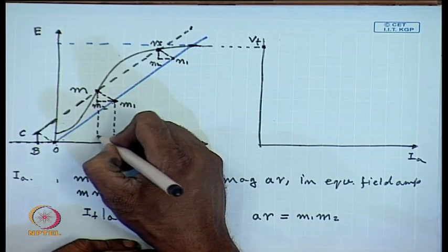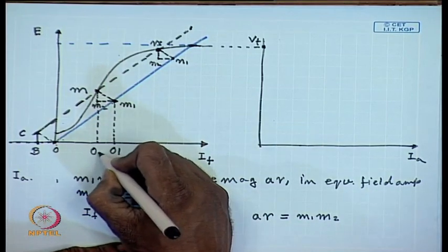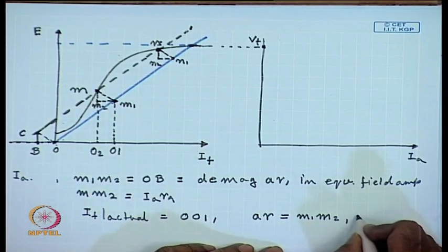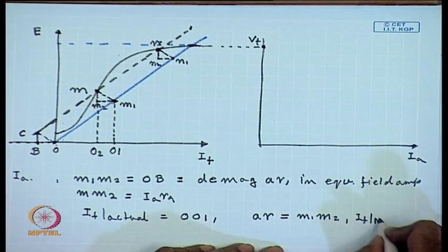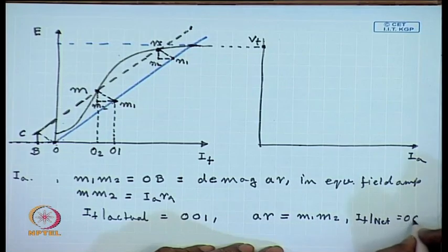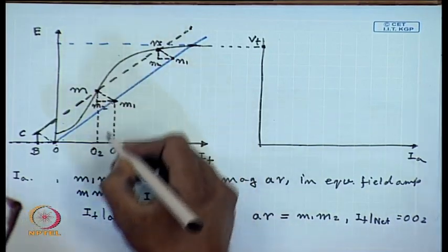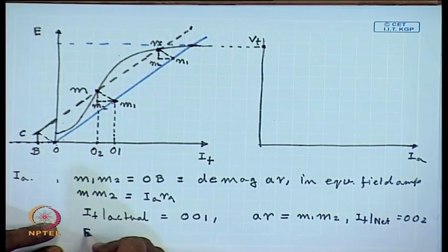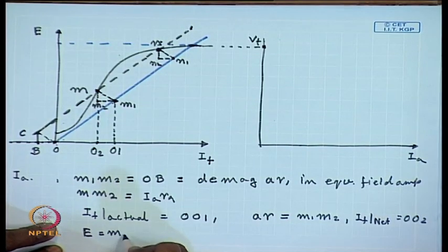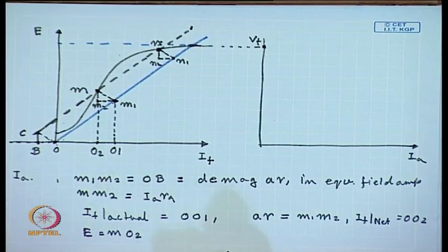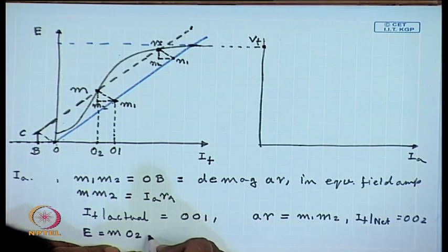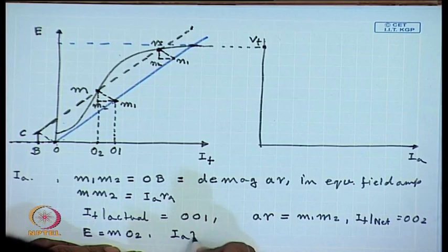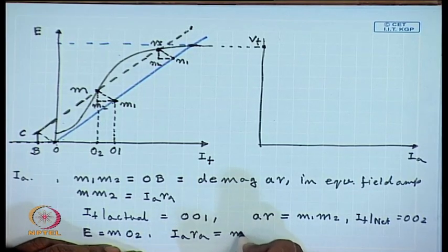Therefore, the net field ampere IF net equal to O2. The corresponding induced voltage E equal to M O2, and IA RA equal to M1 M2.